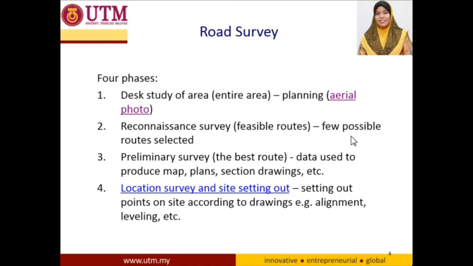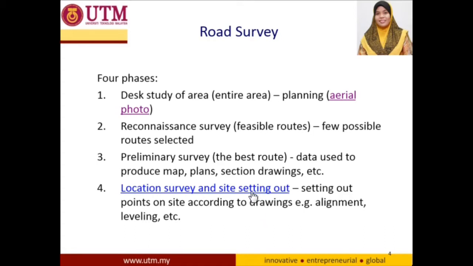Okay, the third stage involves the preliminary survey of the feasible alignments, where each route will be plotted and compared. A number of features such as cost, safety, design capacity, and possible adverse impact will also be examined for the selection of the best route.